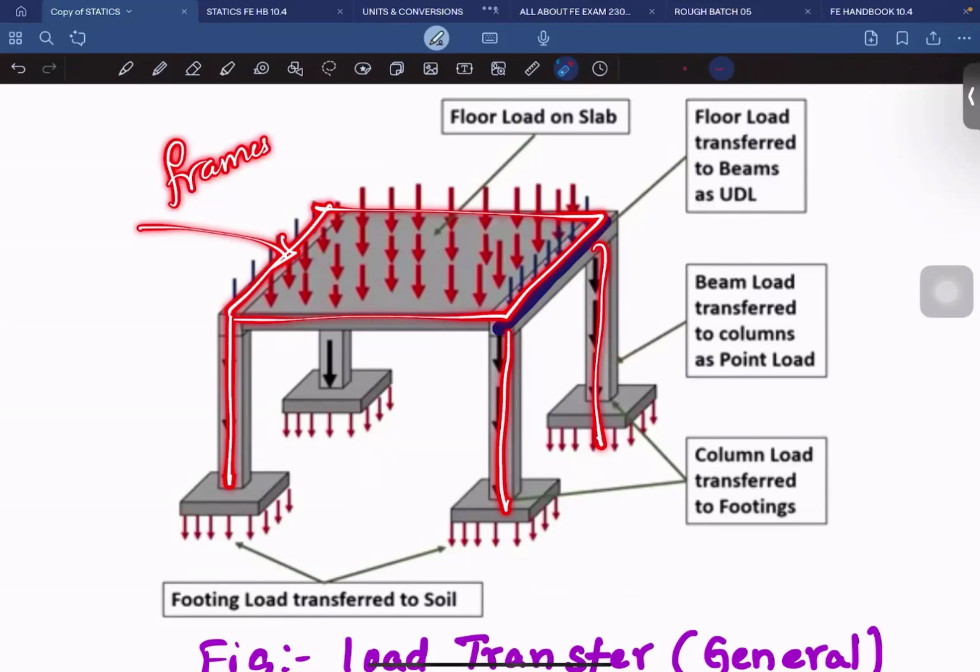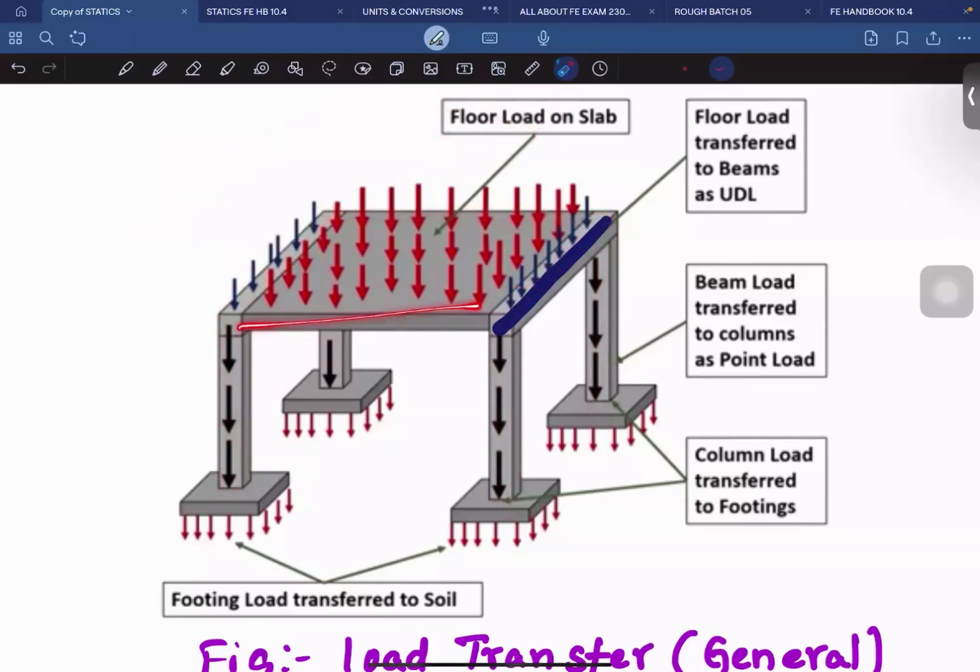You can see this frame while doing STAAD Pro also. In STAAD Pro, we design an RCC structure as an RCC frame. We can represent it by lines, and the combination of beams and columns is basically a frame. We'll study how to find the reactions, and what the shear force and bending moment are in beams and columns in a frame.